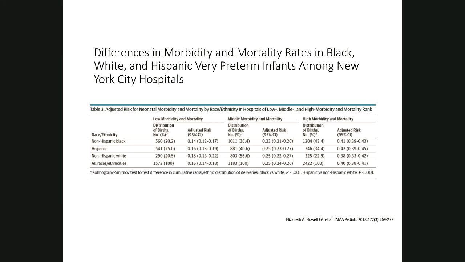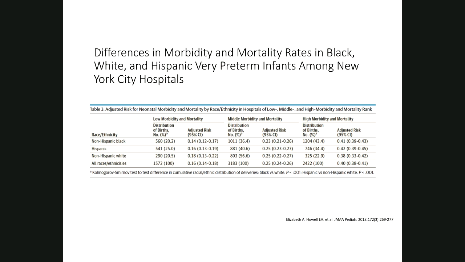Because Howell did a follow-up study some years later, and they wanted to see if the patterns of care by race and ethnicity were still apparent, whether hospital performance varied for serious very preterm morbidities and mortality, and the extent to which variations in hospital performance contributed to disparities in the care for non-Hispanic Black, Hispanic, and non-Hispanic white very preterm babies.